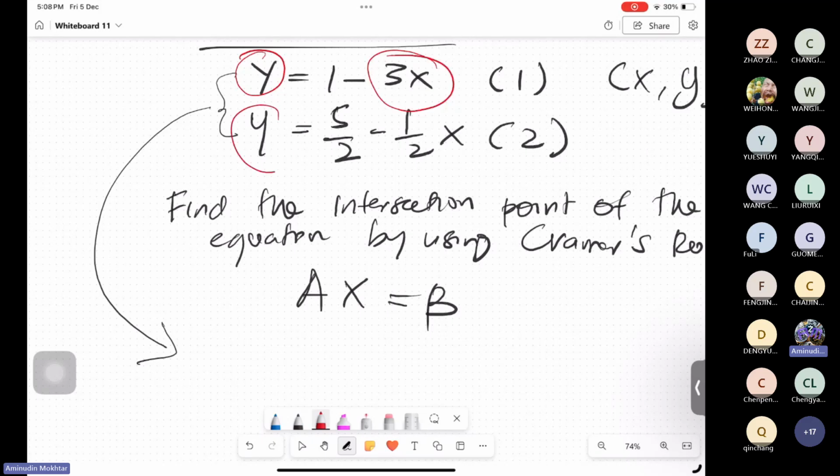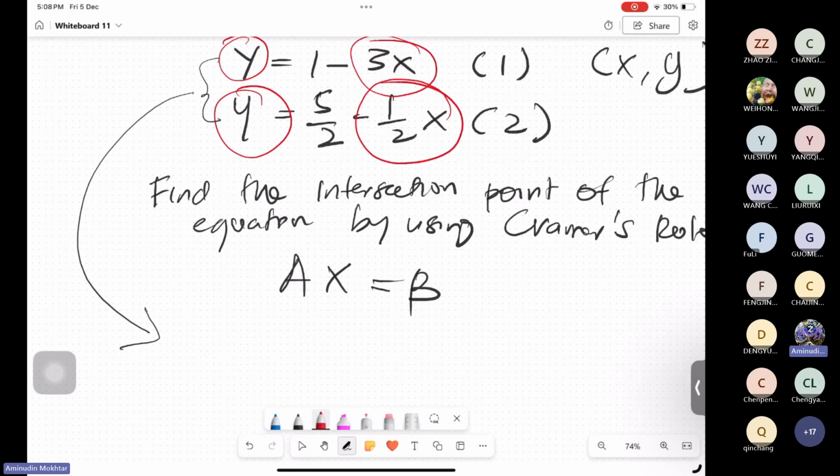We put all the variables at the left hand side of the equation, and the other component, that is the intercept, we put at the right side of the equation. This is a good practice to transform the equation into this form.